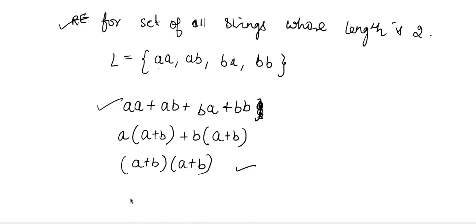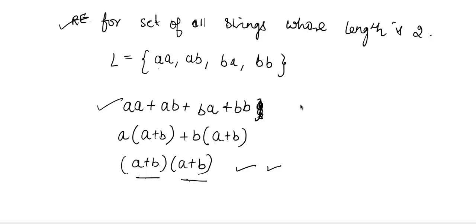You can write like this. In general, what it is saying is we have two places, and in the first place either a can come or b can come, and in the second place either a can come or b can come. So it is the regular expression for all the strings of length 2.